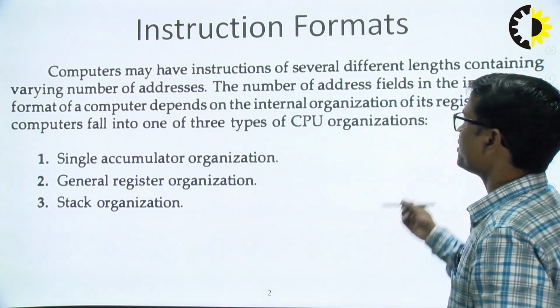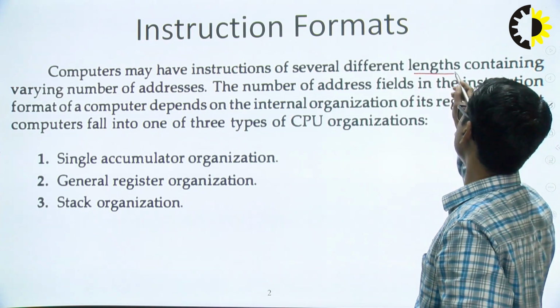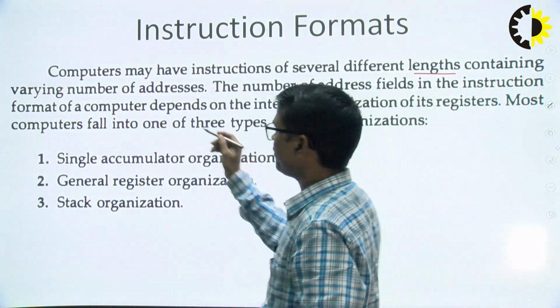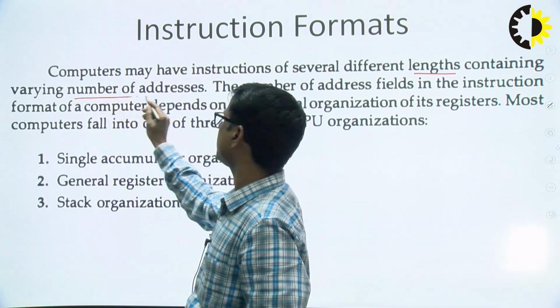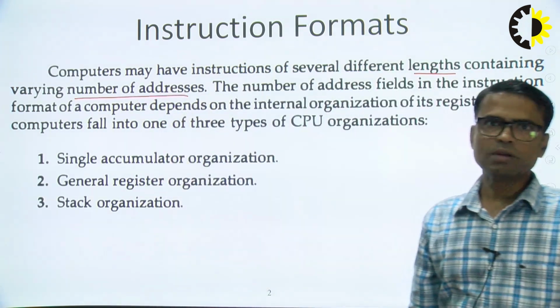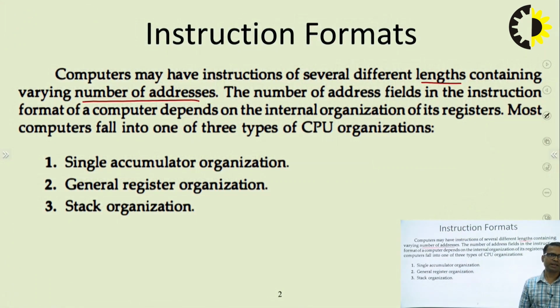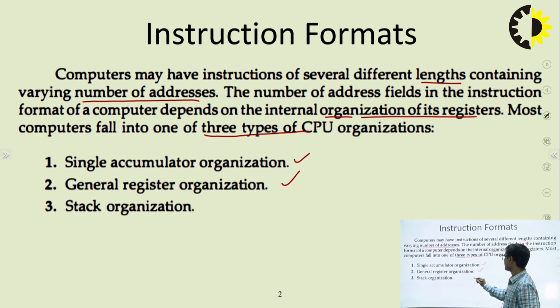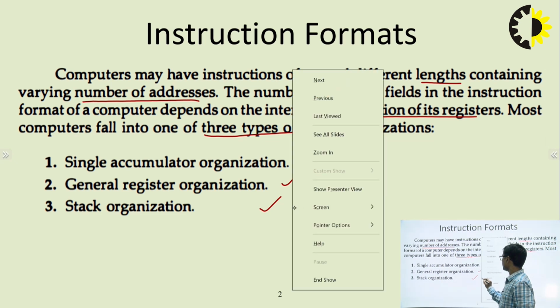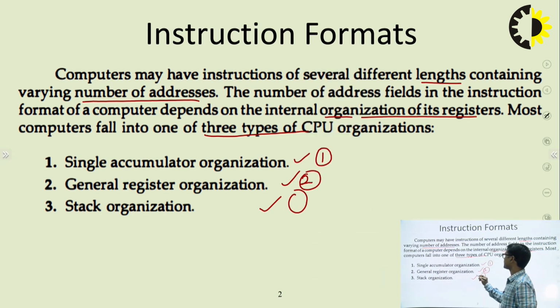A computer may have several instructions with various lengths and a varying number of addresses for the operands. The number of address fields in the instruction format of a computer determines how you refer to the various registers. Most computers are classified in these ways into three organizations: the first is single accumulator, the second is general register organization, and the last is stack organization.